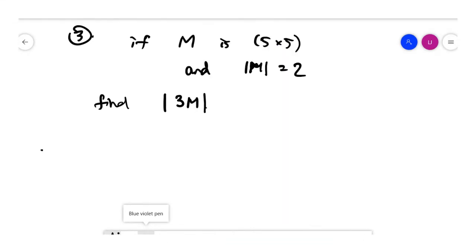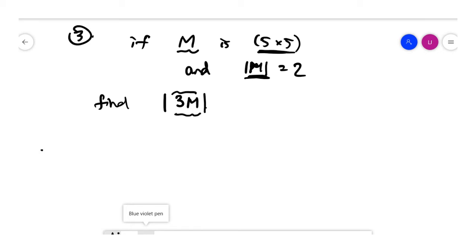Please look at the current problem. I'm not giving you the matrix M. I only tell you that the size of M is 5 by 5, so it's a pretty big matrix, and the determinant is actually 2. Can you tell me the determinant of the matrix 3 times M? 3 times M is a scalar multiplication, right?